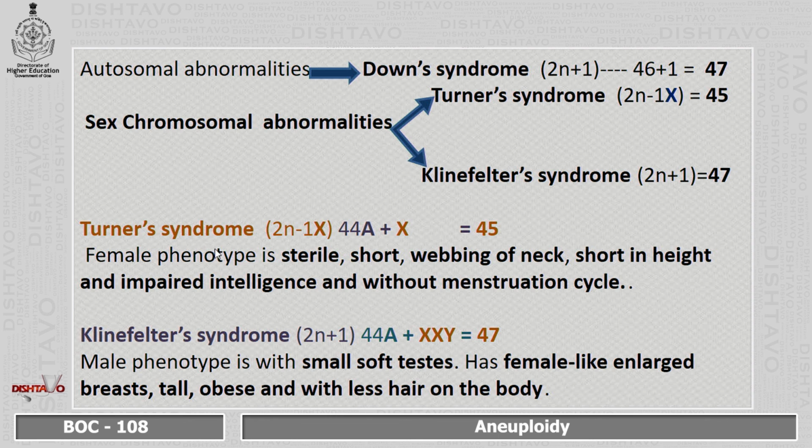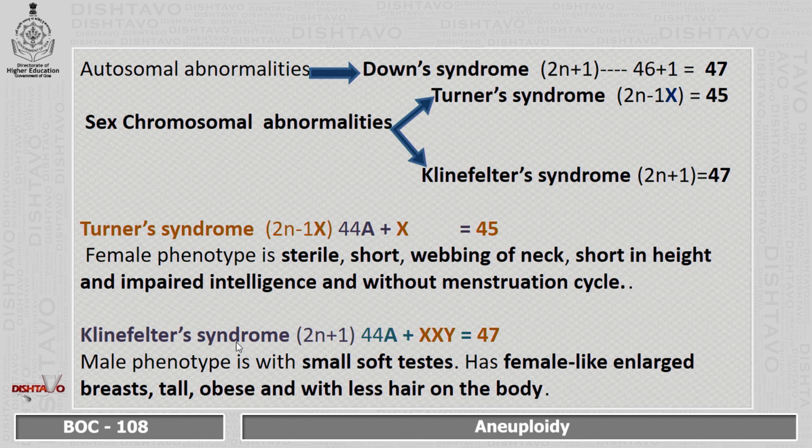Now in Turner syndrome, we see there is only one X chromosome, one is less. So here we see it is like a female, sterile, short, webbing of the neck, short in height. Intelligence is not to the mark, it is less, impaired in intelligence, and they do not have their normal fertile sexual features. So the menstruation cycle is lacking there.